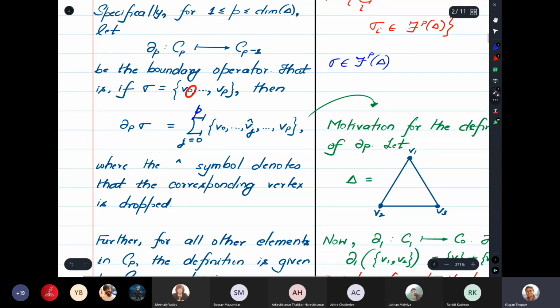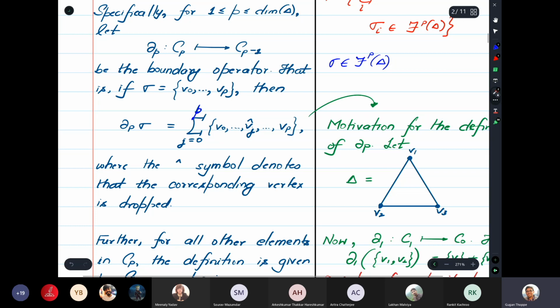This corresponds to these different vertices that we have. And the sum consists of sets. You can see that there is a set here which is given as input, and the output is a sum of sets. We will formally interpret what these things mean. So what are these sets made up of?